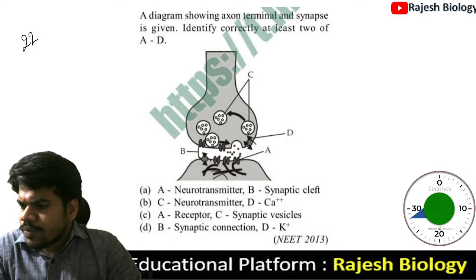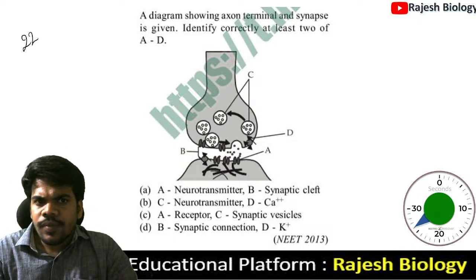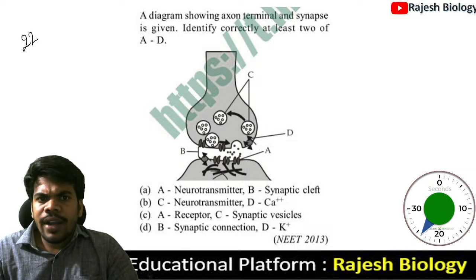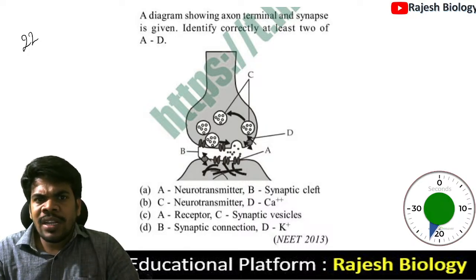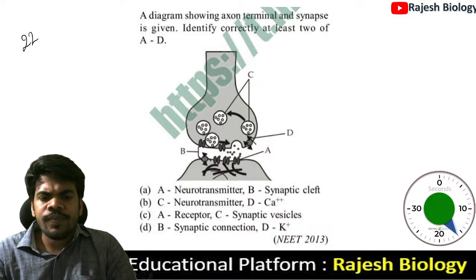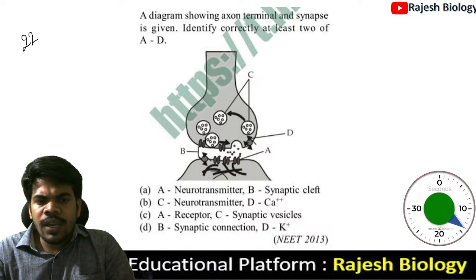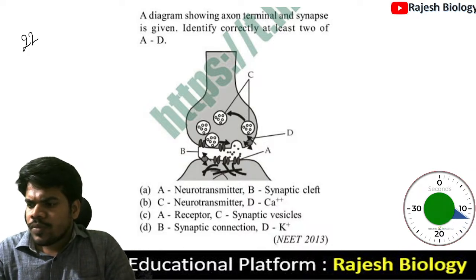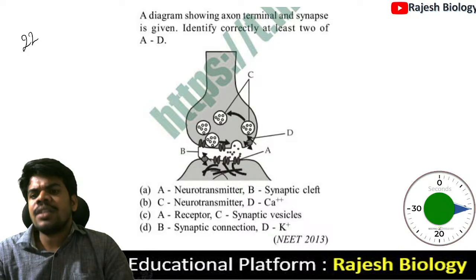22nd question. A diagram showing axon terminal and synapse is given. Identify correctly at least two of A to D. Any two. 15 seconds you have.